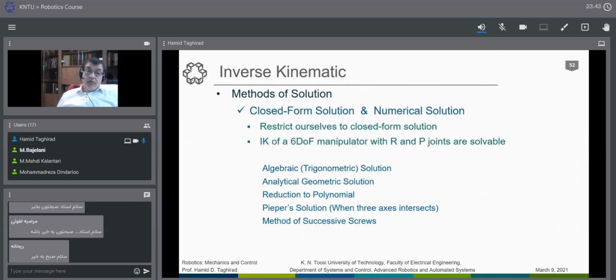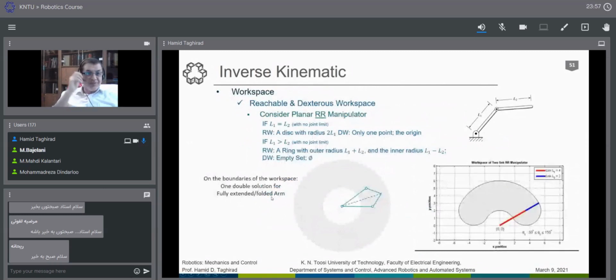So there is a wide range of research being done here. So we have seen two methods. One method is the grid point to find the workspace, at least the reachable workspace. And the second one regards the boundaries, to find some singular points where the double solution will go to the single solution.